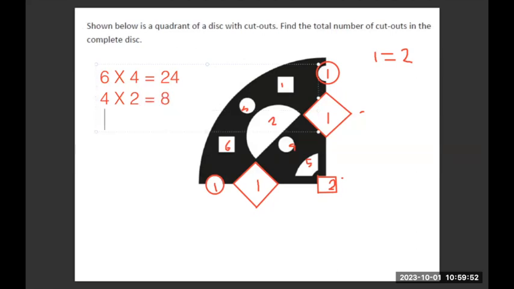And plus there will be only 1 cutout, which is in the center. So the total will come out to 33.